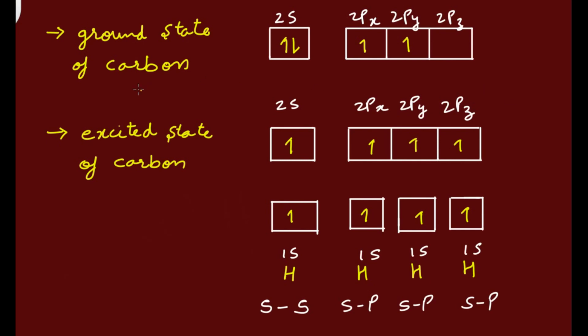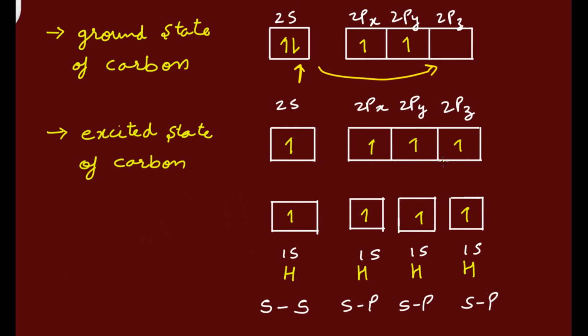This is the ground state of carbon. The 2s orbital has 2 electrons and the 2p orbitals have 2 electrons. Now in the excited state of carbon, one electron from the 2s orbital will jump to one orbital of 2p. Now we have four different orbitals having a single electron.